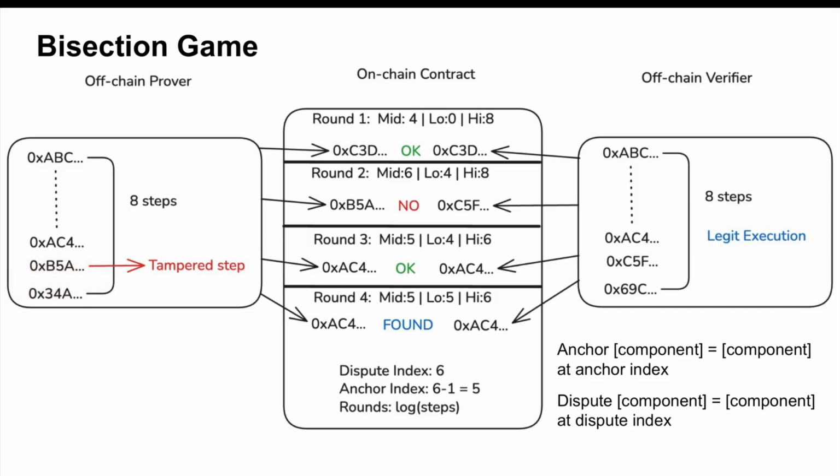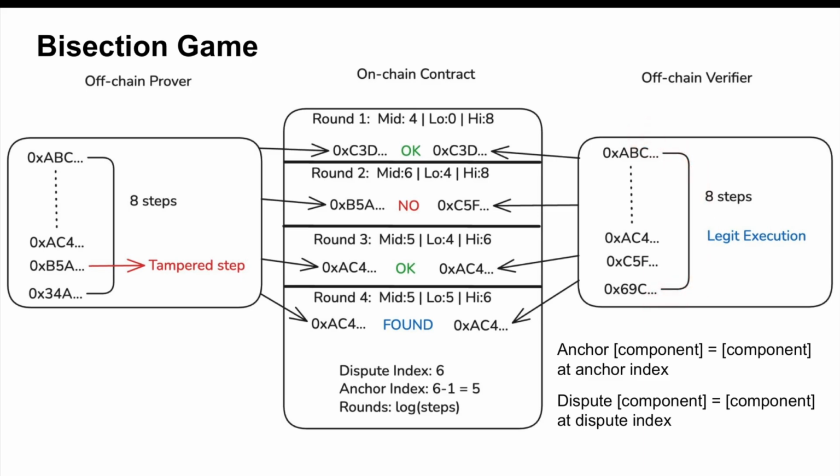Because he tampered with the VM here, it generated another hash, right? So he has these 8 steps. The verifier executes the same algorithm with the legit execution, he doesn't tamper with anything, so he has these 8 steps as well.